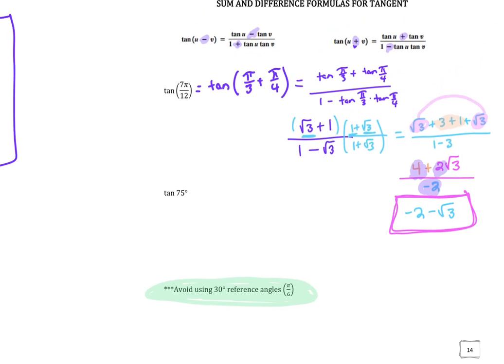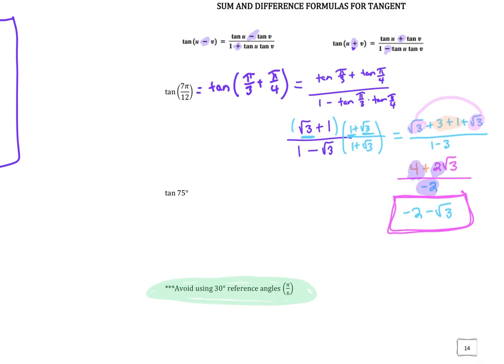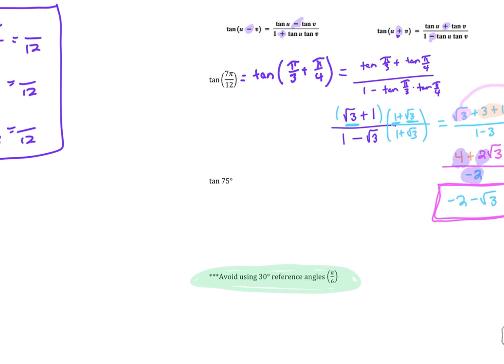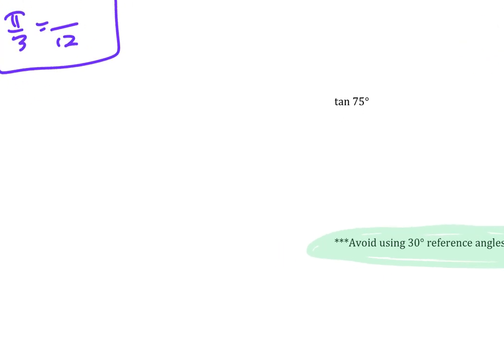All right, so now I want to look at tangent of 75 degrees, right? So we're trying to find two angle measures that add or subtract to give us 75. So that you can see this little glitch that tends to happen, I want to use 45 plus 30.